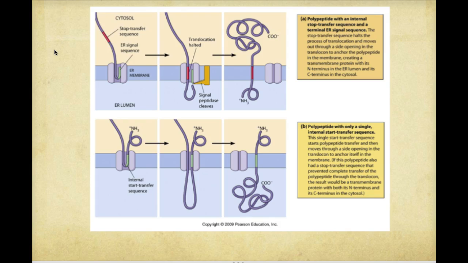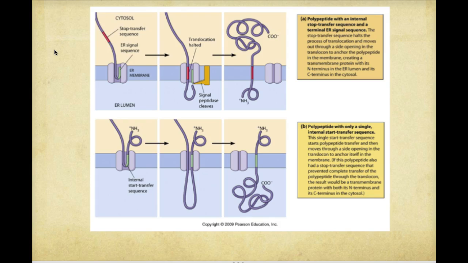So translation is going to keep happening, but translocation is going to stop. So any of the protein that's already in the ER lumen is there. But any of the rest of the protein that gets translated is going to be stuck outside the cell in the cytoplasm. And that's what they're showing you in the third diagram up top from the left.